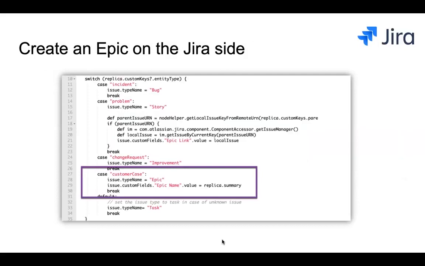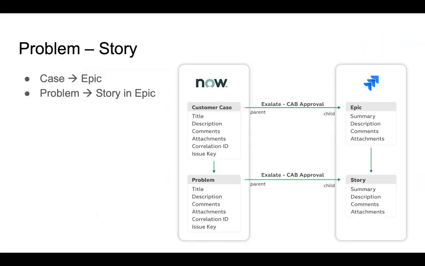But also on the Jira side, you will have a Groovy script which is applied on the incoming message, where in case it's a customer case, an issue of type epic needs to be created. So that's something that you can easily configure on both ends of the connection. So now you have that covered.